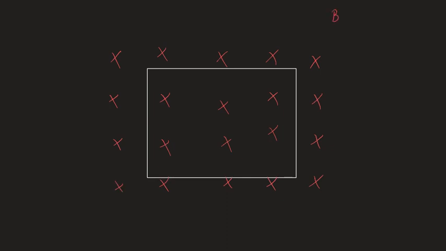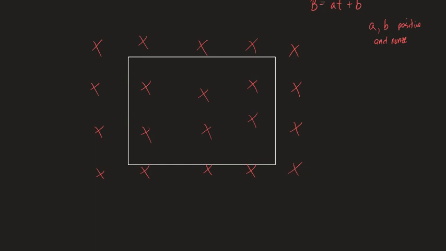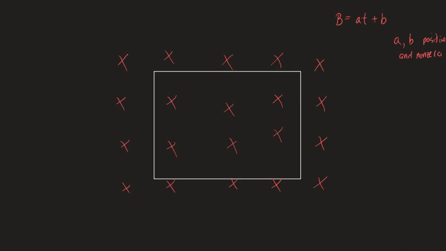The magnetic field is given by AT plus B, where A and B are positive and non-zero. What does that tell you about this? What can you tell me about the magnetic field? It's increasing. It's getting bigger.